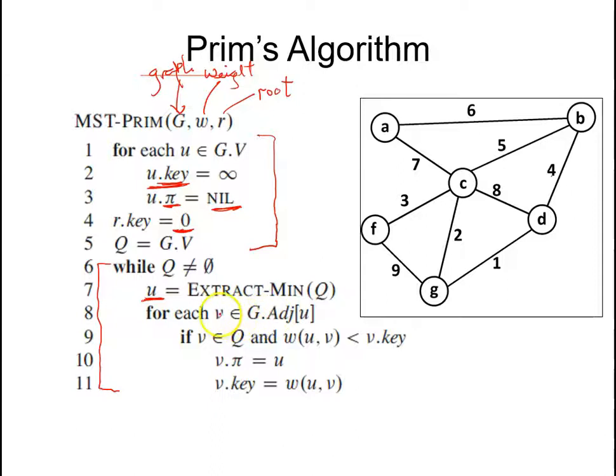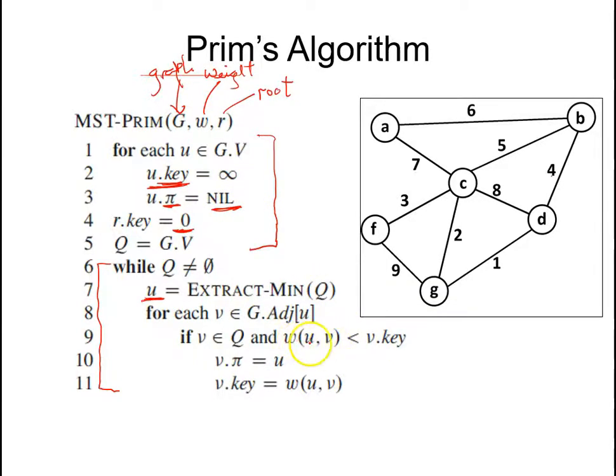Now, for each vertex that is on the adjacency list of that vertex we extracted, if that vertex is still in the queue and the weight of the edge from our current vertex, which is u, to that vertex on the adjacency list is less than that vertex's key value, which at the start it will be, since all key values would be infinite.